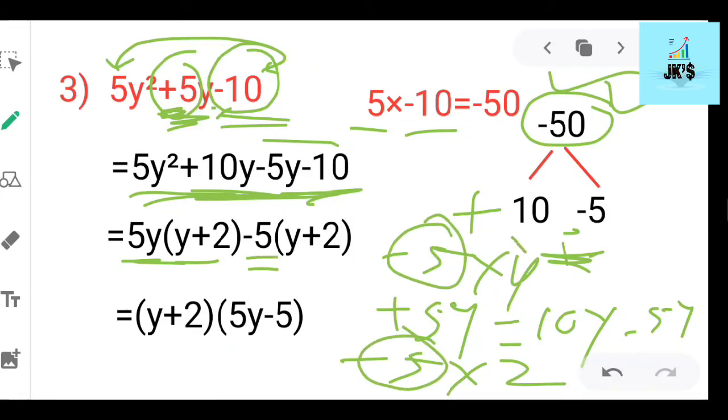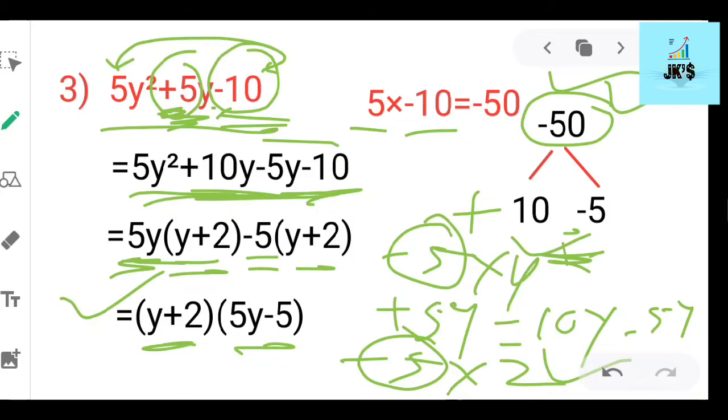What remains? y plus 2. So y plus 2 is common. In another bracket, 5y minus 5. These are the factors of our quadratic trinomial 5y square plus 5y minus 10.